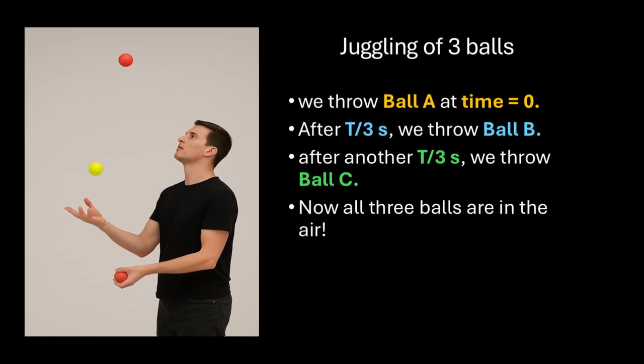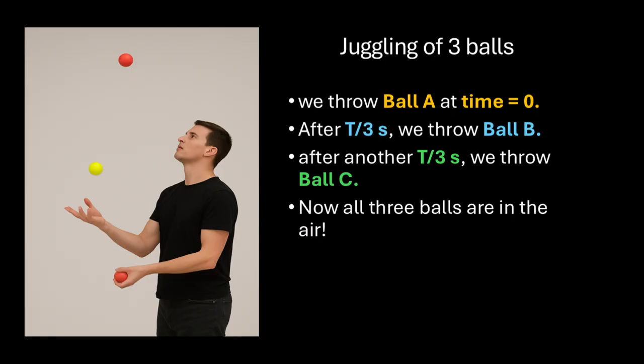Now let's try to understand what happens during the juggling of 3 balls. You can postulate the solution here and try to explain this to yourself by understanding what happened in the case of 2 balls. Now, when 3 balls are juggled, suppose ball A is thrown at time t equal to 0 seconds.